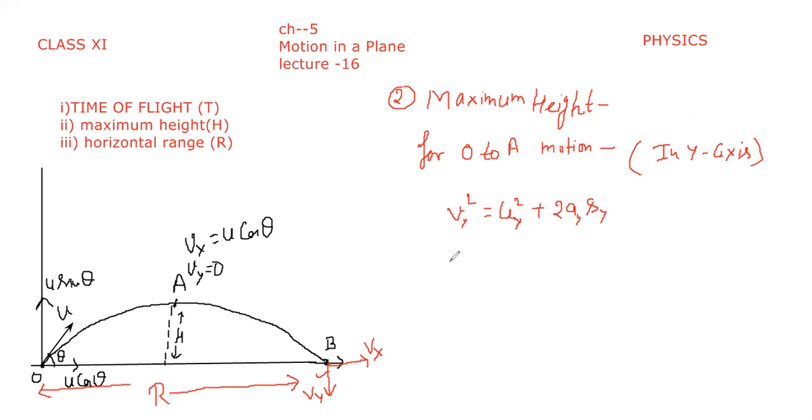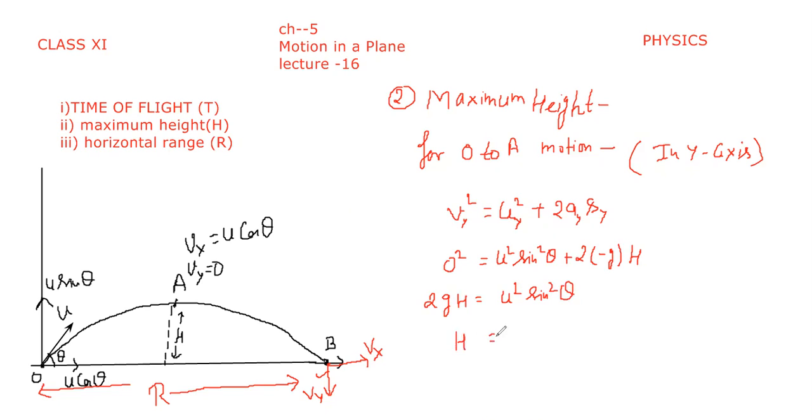What is the value of vy? That is 0. What is the value of uy? That is u sin theta, so u square sin square theta, plus 2 times acceleration in the y-axis, which is minus g, and sy is capital H. From this, we get 2gH equals u square sin square theta.